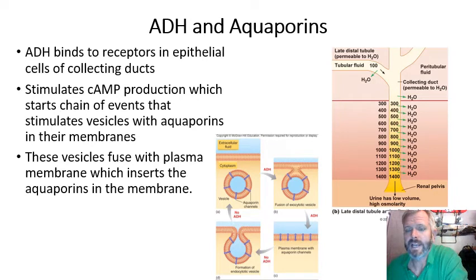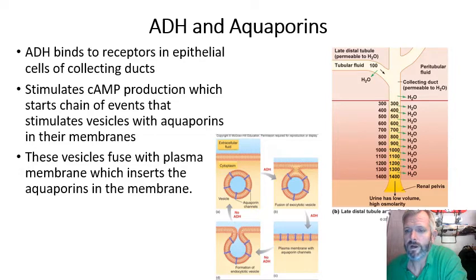Okay, ADH actions, remember this region here is impermeable to water. What ADH does is make these cells that line the late distal tubule and the collecting ducts permeable to water.